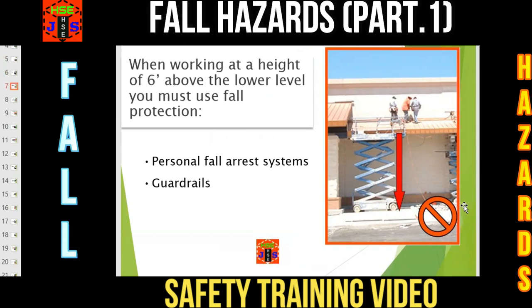When working at a height of 6 feet above the lower level, you must use fall protection, personal fall arrest systems, or guardrails. Have a look. These people are working on the top. There is no guardrail, and they are not equipped with a personal fall arrest system. This is unsafe. Any of them may fall from height.